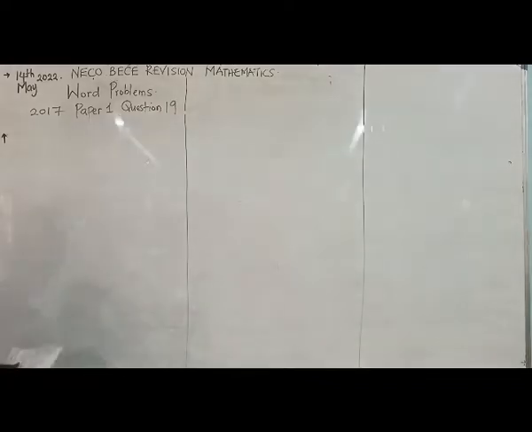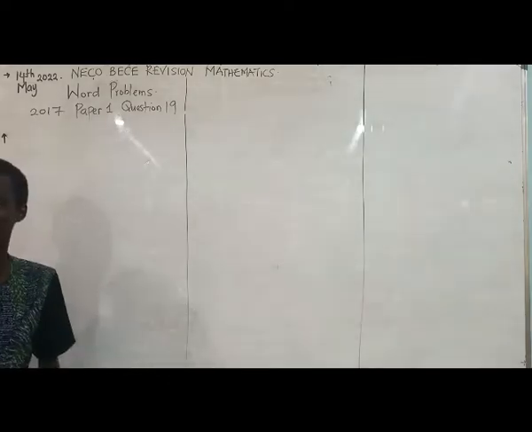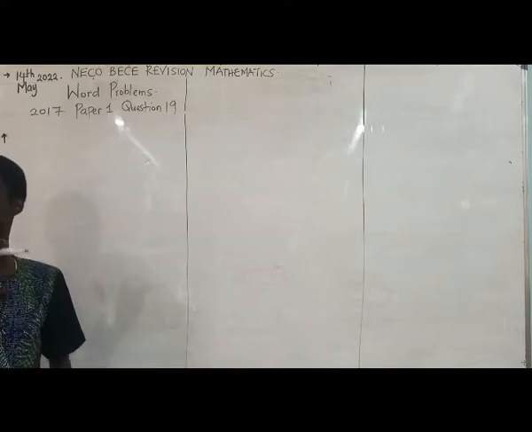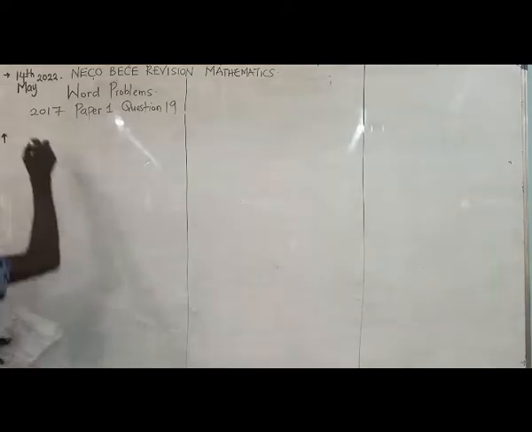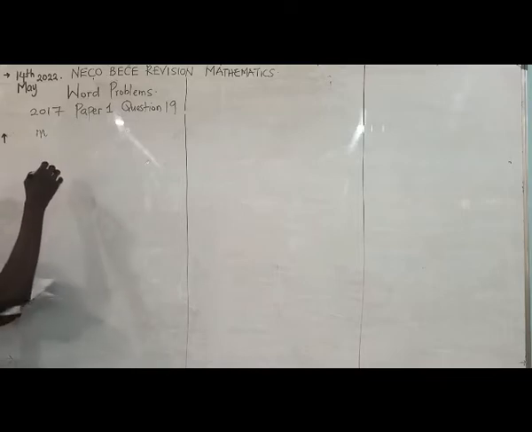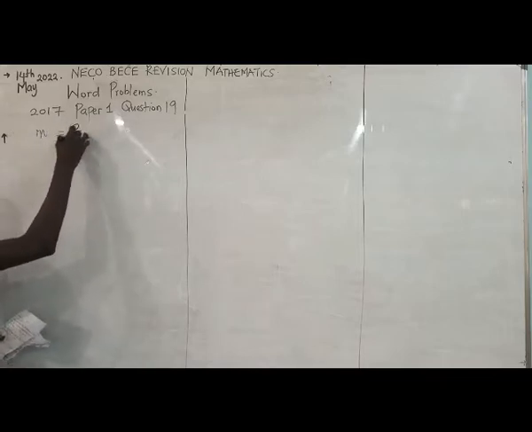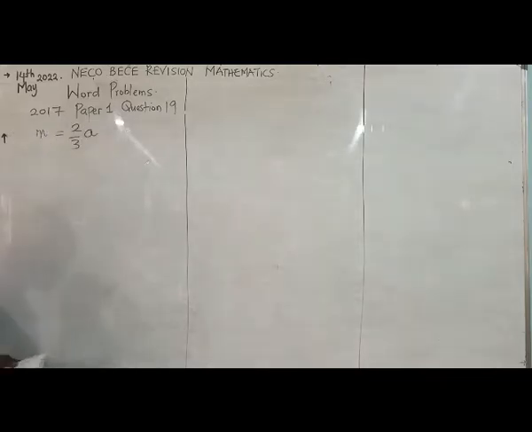Alright, so let's go. The question says, Musa's age is 2/3 of Abu's age. So the technique I'm going to use is, as you read the question, to try to generate statements. Now, Musa, I'll call M, is 2/3 of Abu's age.